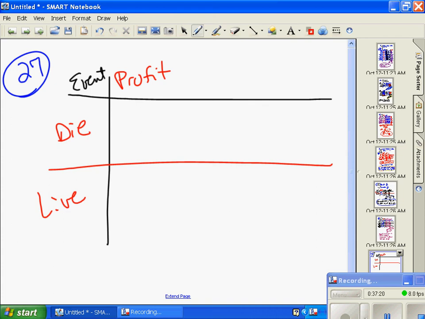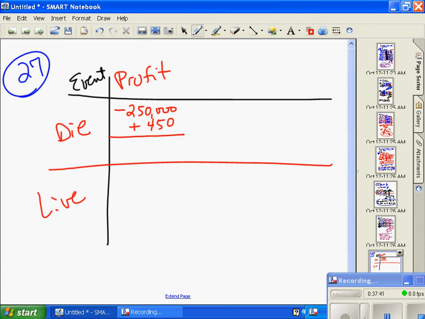Okay, so if the person dies, the company pays out the life insurance policy to the family, but the person had to pay the premium. So when I think about that, the profit seen by that company is the negative $250,000 plus $450.